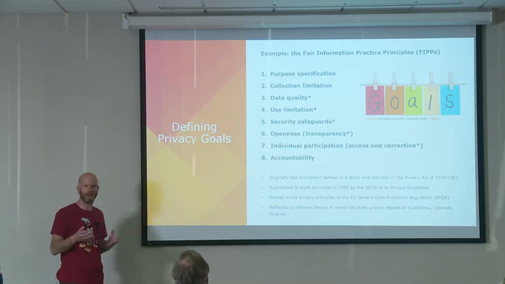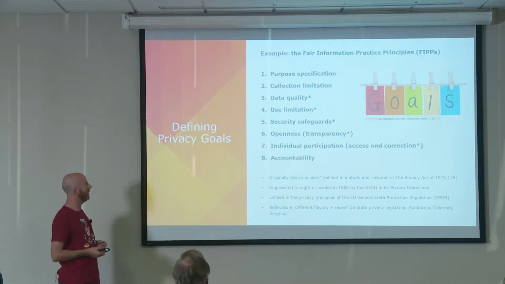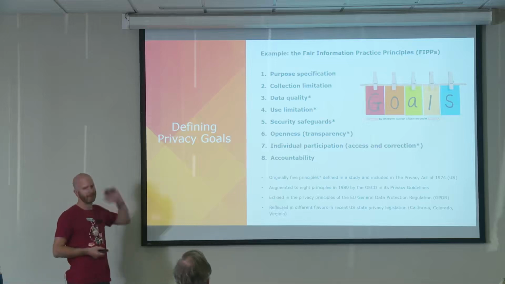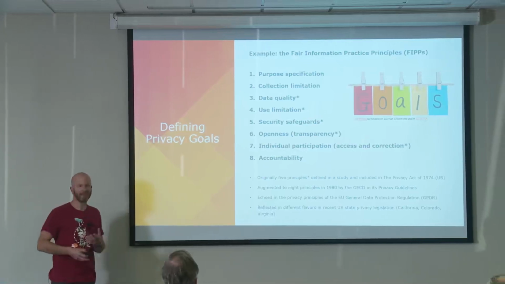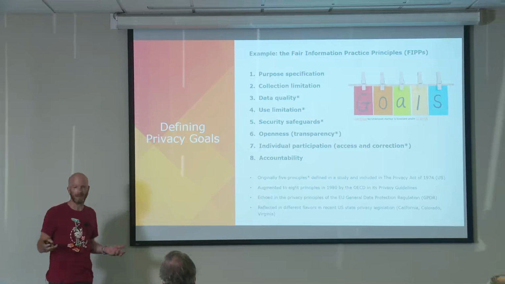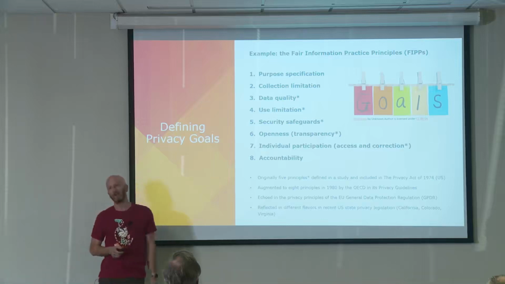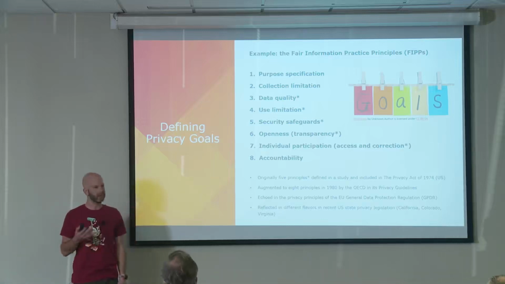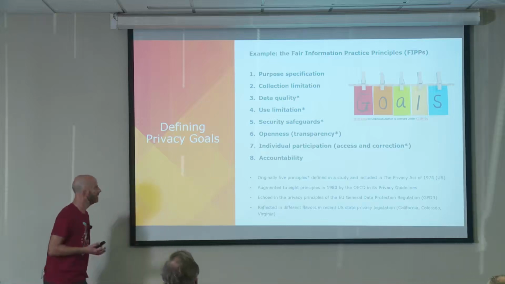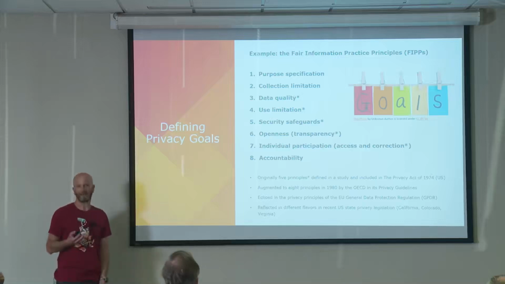Only collect what you need to achieve that purpose. You need to make sure that the data is accurate. If you base decisions on the data that affect the individual, then it better be accurate. You need to limit its use, only use it for the stated purpose, and only keep it around for as long as you need it for that purpose.